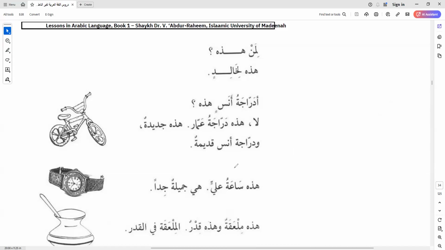هذه ساعة علي. هذه ساعة. Remember ساعة has تاء مربوطة. It's a noun. So technically, it's feminine. Now, a watch doesn't have a male watch or a female watch. But in Arabic, the word sa'atun ends in taw marbuta, so technically it has feminine property.